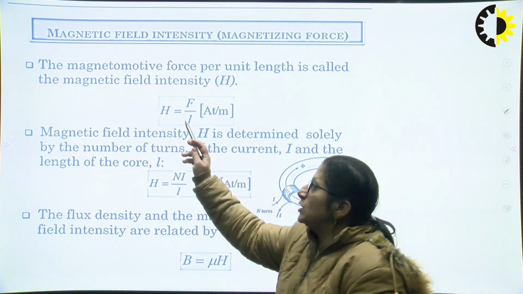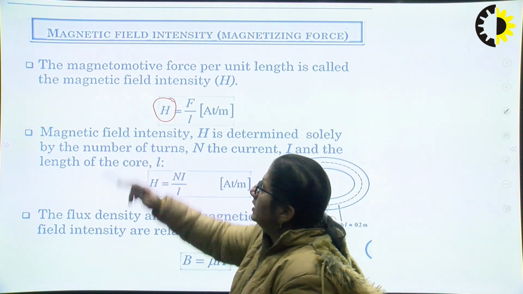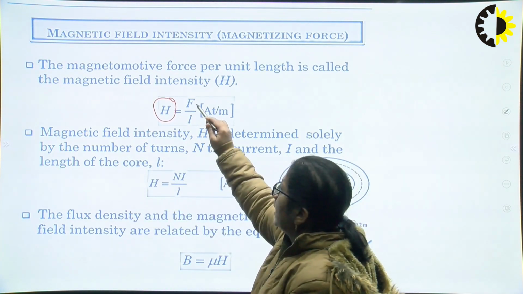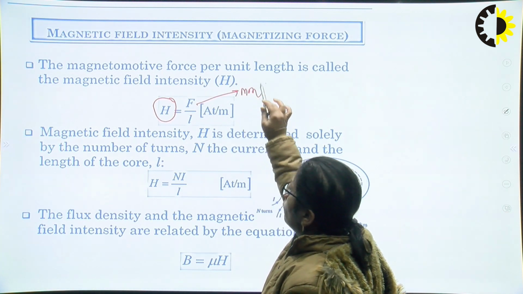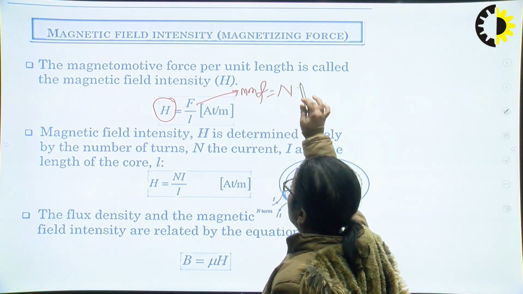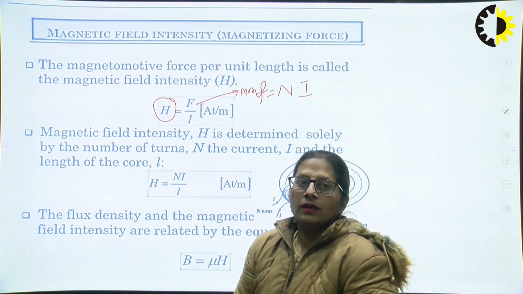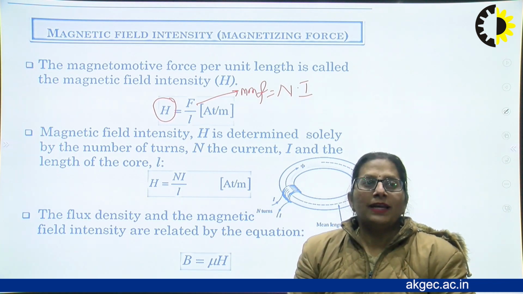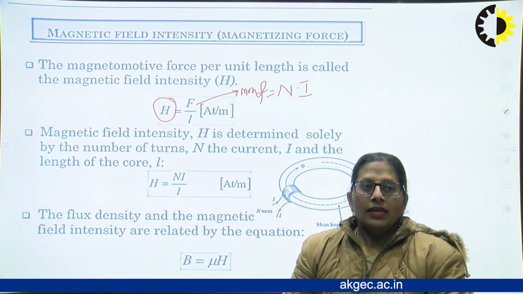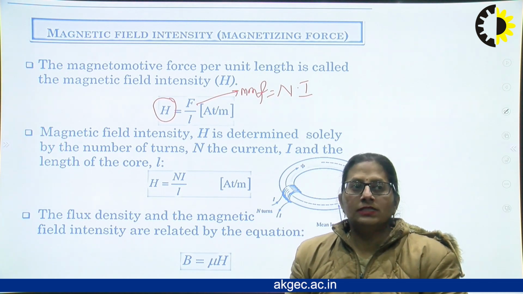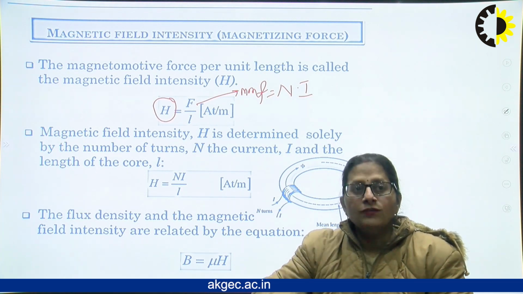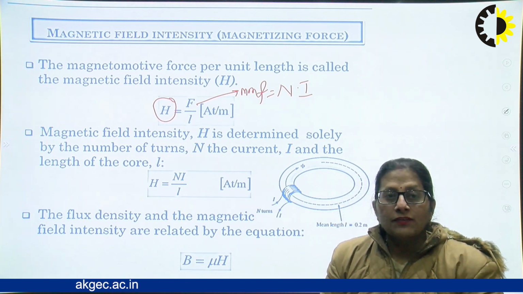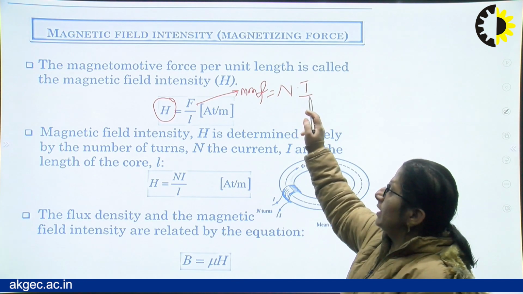H is the representation for the magnetic field strength or magnetic field intensity, given by F upon L, where this F is what we call MMF, also given by N into I. Obviously, this magnetic field intensity is because of the number of turns and the current flowing in the exciting coil, given by the MMF, number of turns multiplied by current.